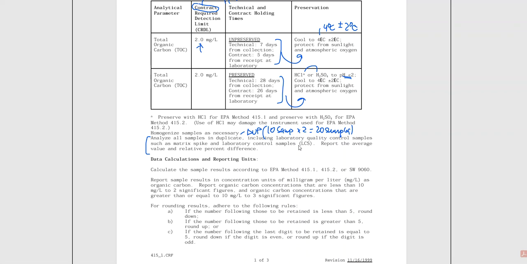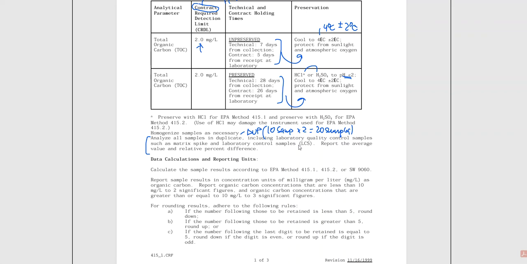Oh, no. So now if I had a measly 10 samples given to the lab for testing, and then I've made 10 samples for quality control purposes, that's going to be 20 in total. Everything gets duplicated, which means now my batch turns into 40, not 20. Very common, folks. A lot of people don't anticipate this the first time they begin working in a lab, but all of these things are very important.